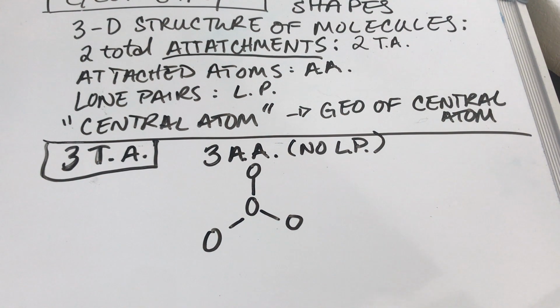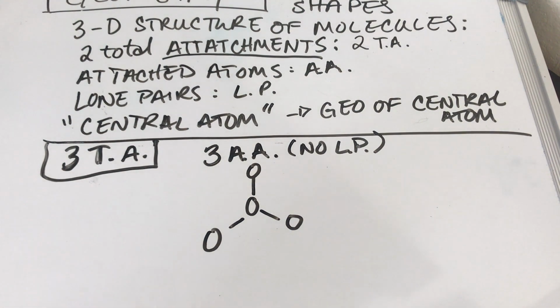So all of the connections that we're talking about in a covalent molecule, we have to remember those connections are made by sharing electrons, right? And electrons do not like to be next to each other. So the farther apart those electron groups can be, the happier the molecule will be, AKA the more energetically favorable the molecule's shape will be.